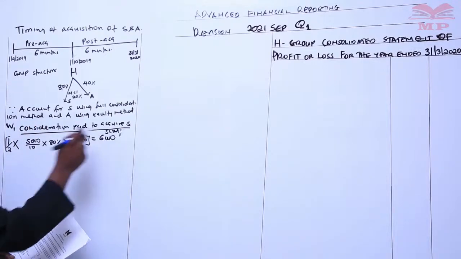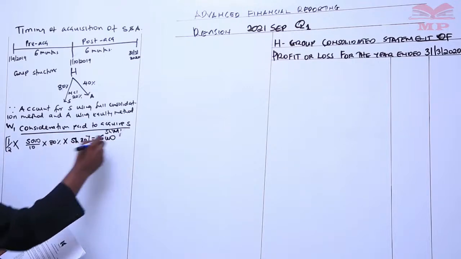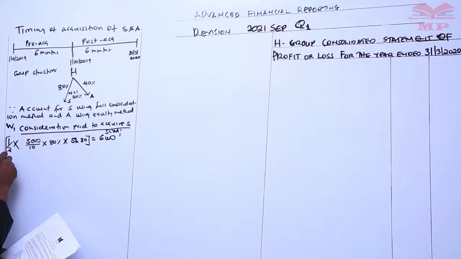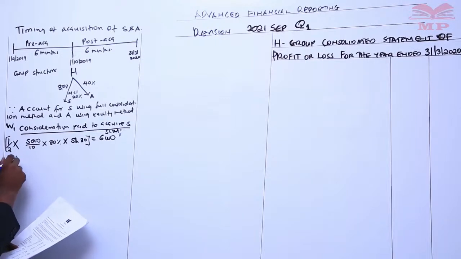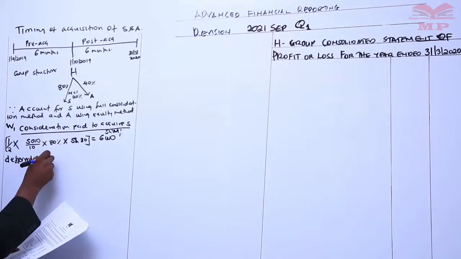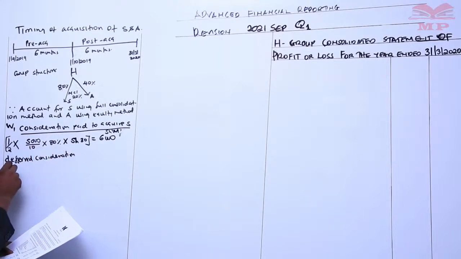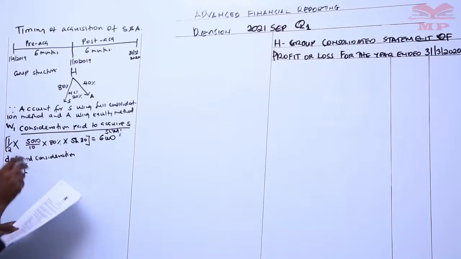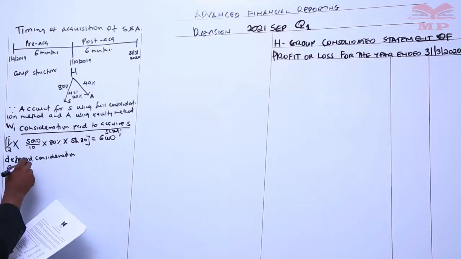This is by cash, by share exchange, then by cash here now. So let me call it deferred consideration so that we see how to calculate it. It is paid by cash. How? 25 per acquired share, 25 shillings.